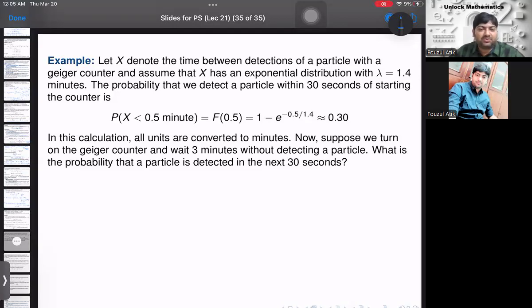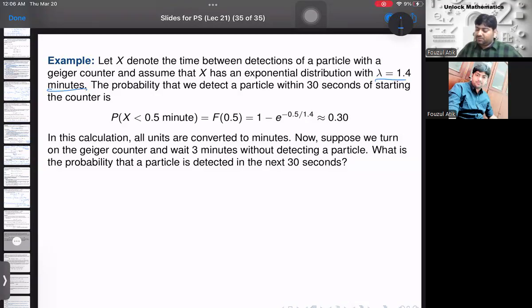Then the probability that we detect a particle within 30 seconds of starting the counter, P of X less than 30 seconds, means 0.5 minutes, right? Because X counts in minutes, so lambda is 1.4 per minute.